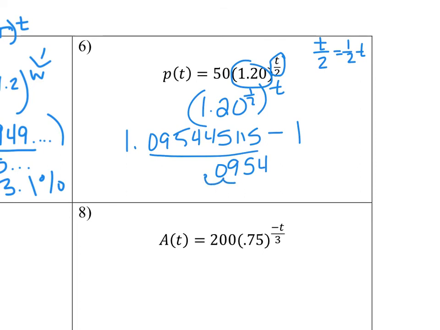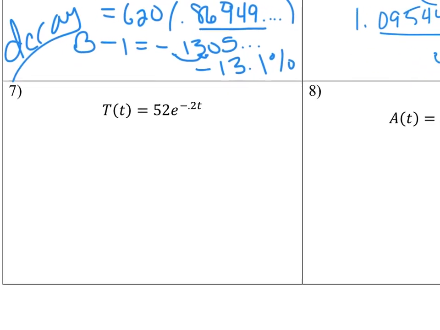Move it over 2 decimal places, and 9.5% is my percent rate of change. So this one looks like it might be 20%, but it's not. It's 9.5% because we have to see it in the correct form that the formula should be in. So this is still growth, but at a slightly different growth rate than we initially thought.